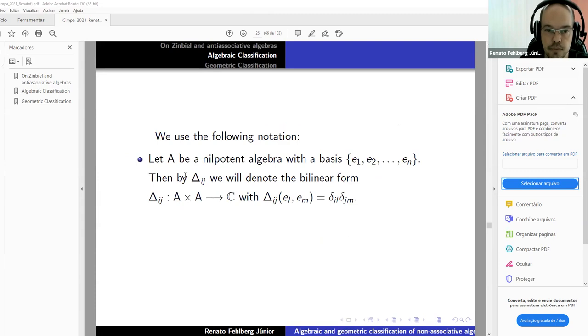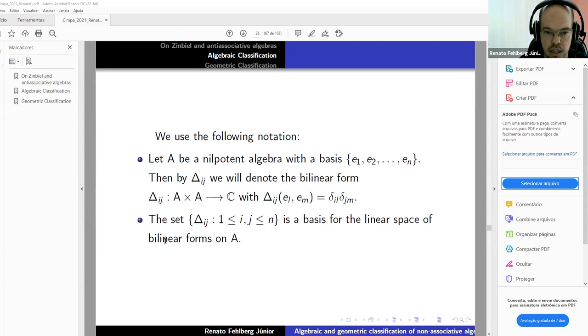To do this, we consider the following notation. We always write a basis using these elements, and we write delta_ij as this bilinear form. The set of special bilinear forms forms a basis of the space of bilinear forms.